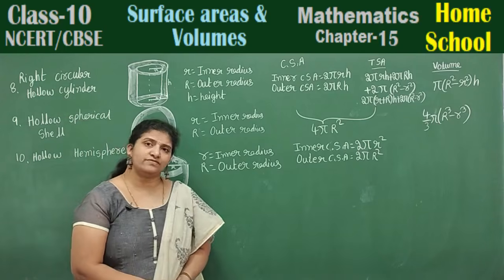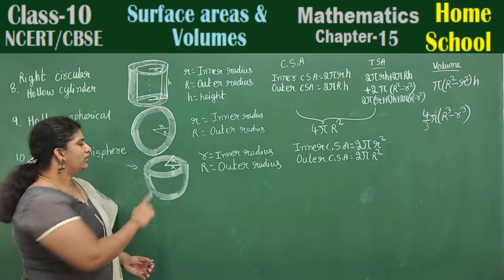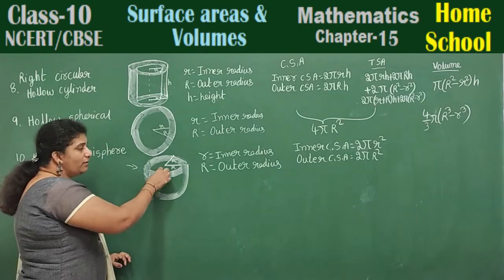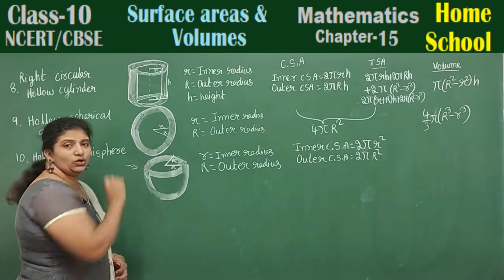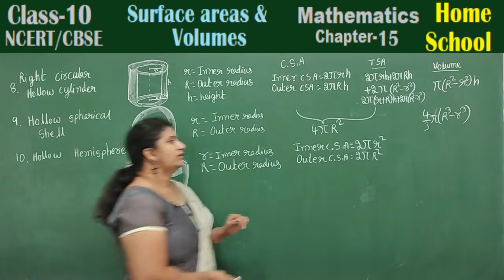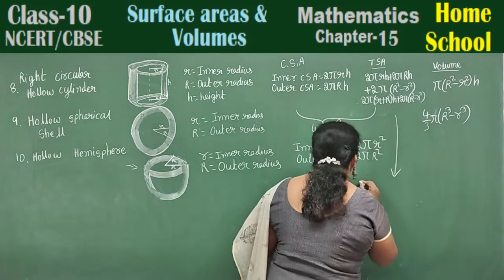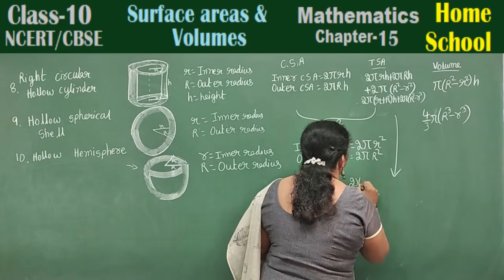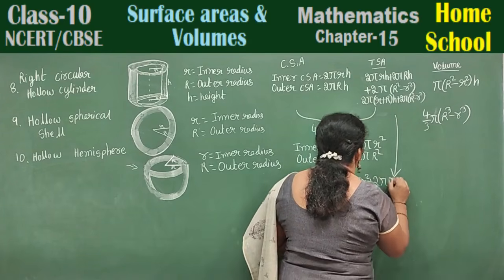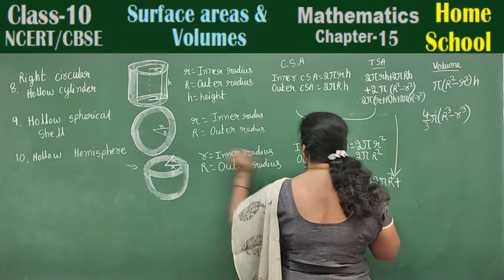Coming to total surface area. When we talk about total surface area, look here: inner and outer curved surface area plus this ring. Let me write here, total surface area: 2 pi small r square plus 2 pi capital R square plus this ring. How are you going to get the area of this ring?